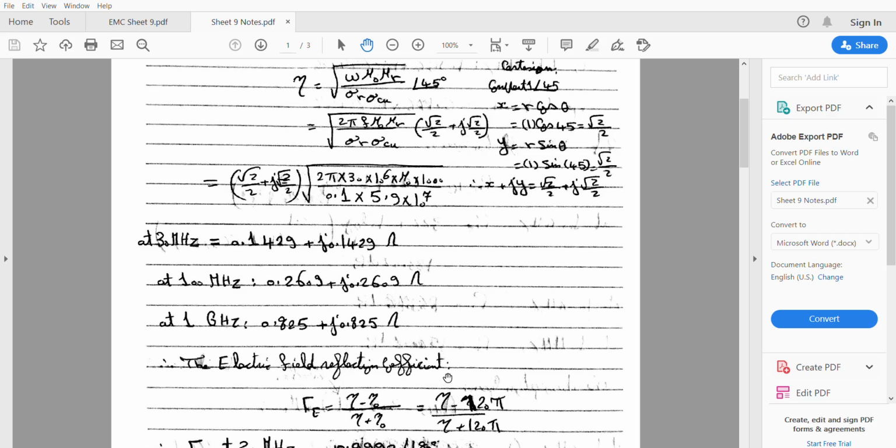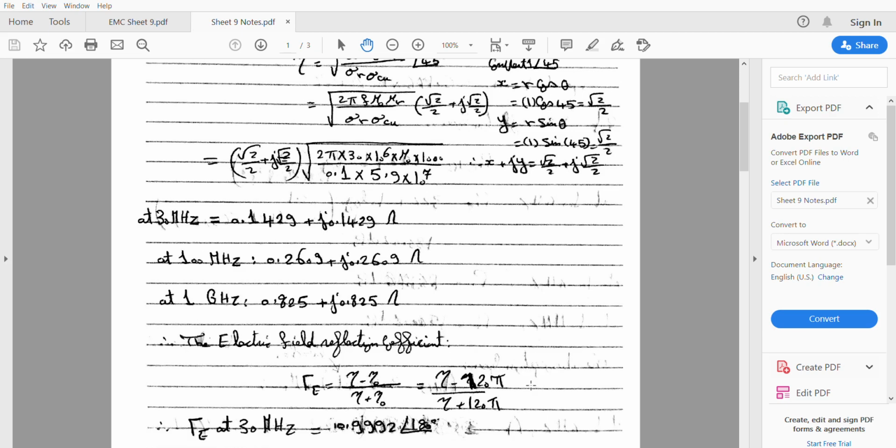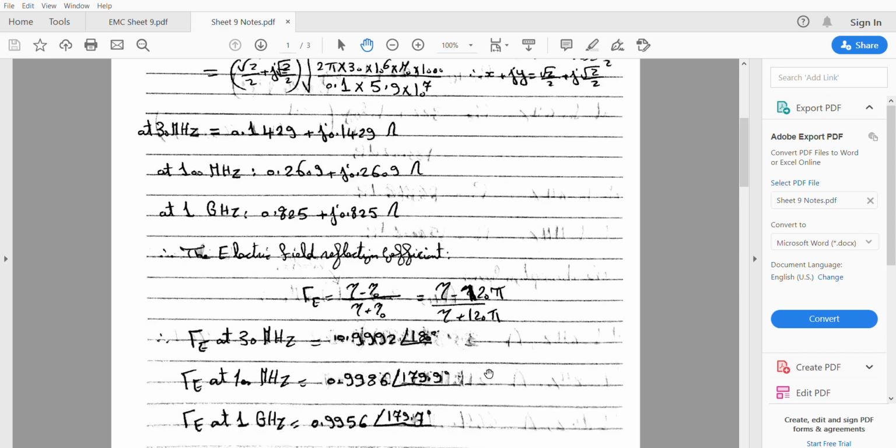Then we need to substitute them one by one at each frequency to get the reflection coefficient. Eta naught is the intrinsic impedance of air, which is equal to 120 pi or 377 ohm. So we get the reflection coefficient at 30 MHz, at 100 MHz, and finally at 1 GHz equal to this value.